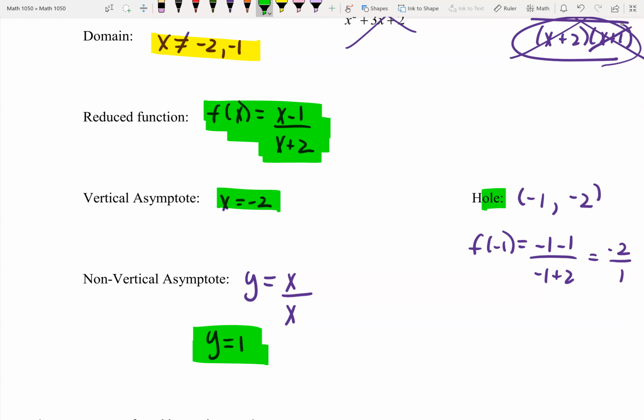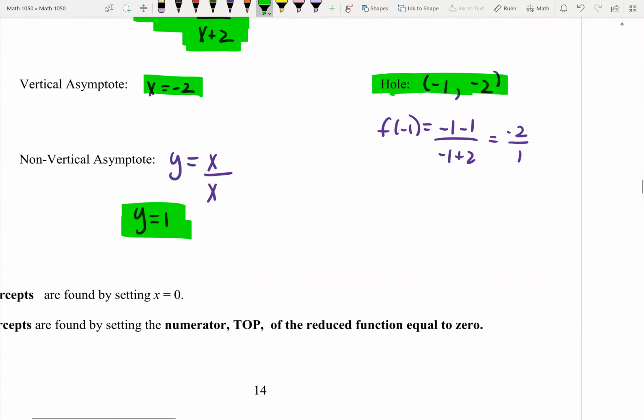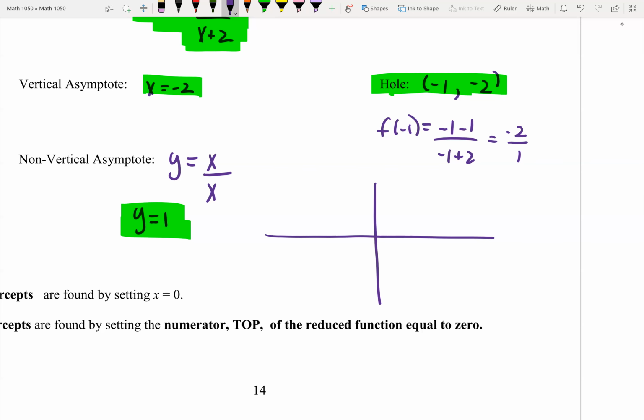Okay, now that's my answer and I'm done, but we're going to take it a step further. Okay, draw your xy axis. Come over here to x equals -2 and dash in that asymptote. How many pieces will I have to my graph? Tell me. 2.